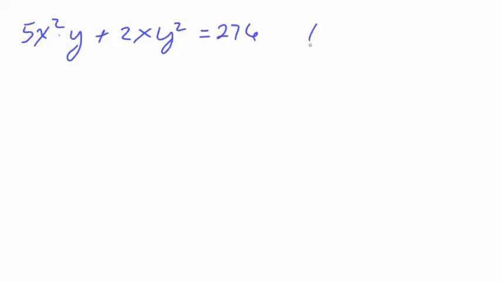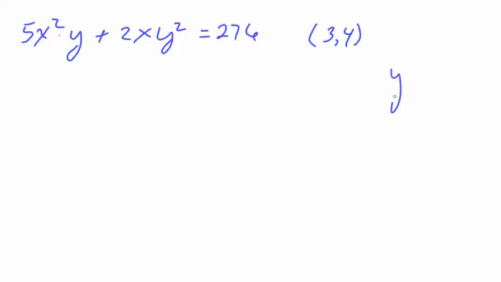So we have 5x squared y plus 2x y squared, and that's equal to 276. And then we have the point 3, 4.